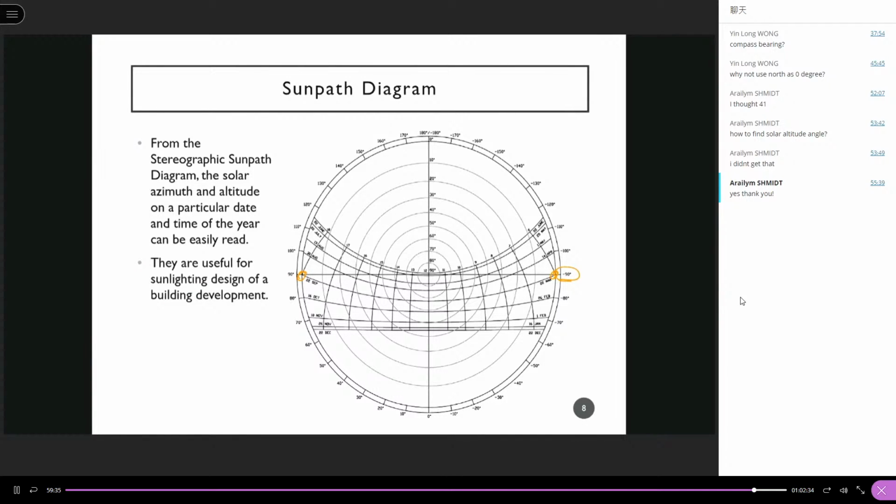When it is noon time, what is the solar altitude on the equinox? Let me do a poll.